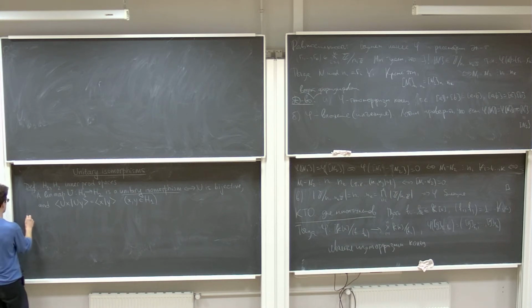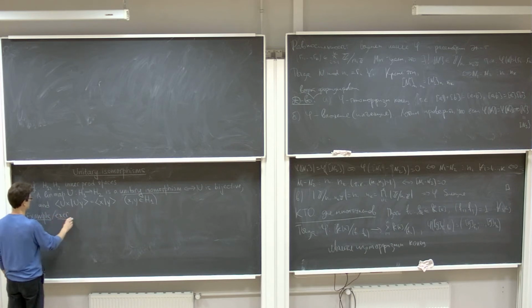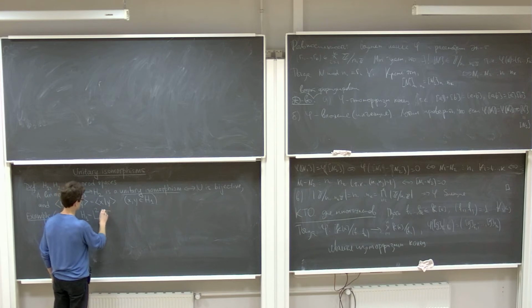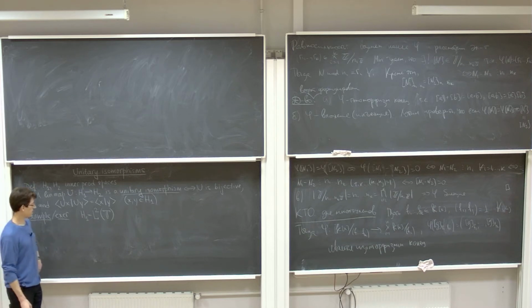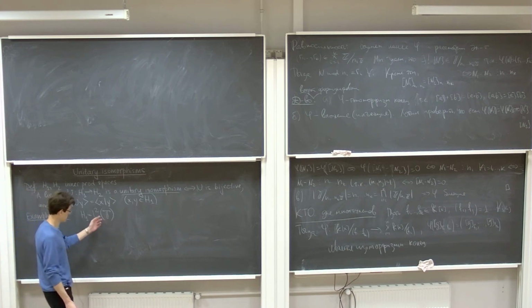Here's a typical example of a unitary isomorphism, and a simple calculational exercise. Suppose that H1 is the big L2 space over the circle. So we denote by bold T the unit circle in the complex plane, and the canonical measure on the circle is the usual length measure divided by the length of the circle, so that the measure of T is 1.